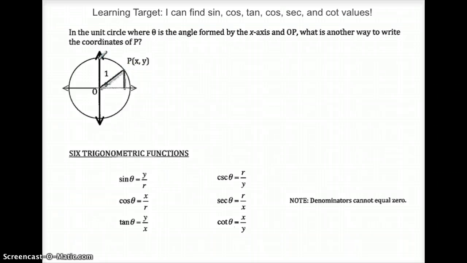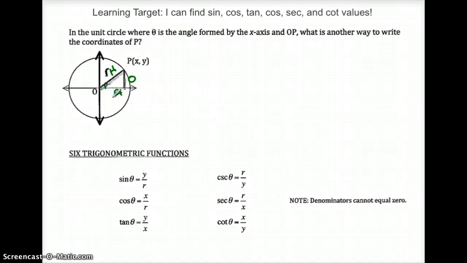So we're used to this being theta, and this would be our opposite side with respect to theta. The side on the axis would be adjacent, and then this would be our hypotenuse. Okay, and so if you think about that, one should be an r. Sorry about that.